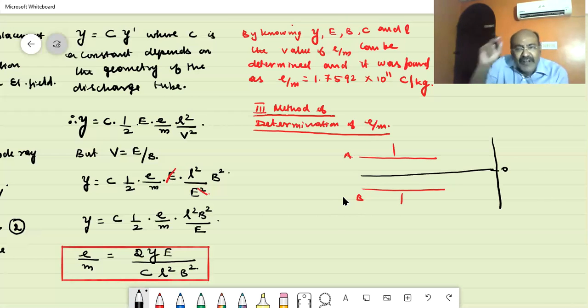When the magnetic field alone is made to act, the beam gets deflected in the downward direction so that it moves in a circular path of radius R. Why?